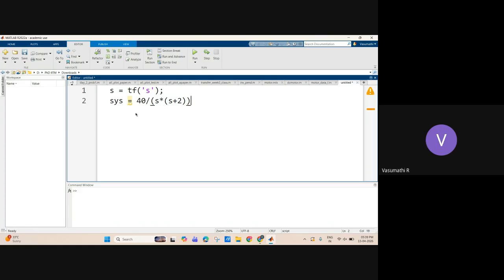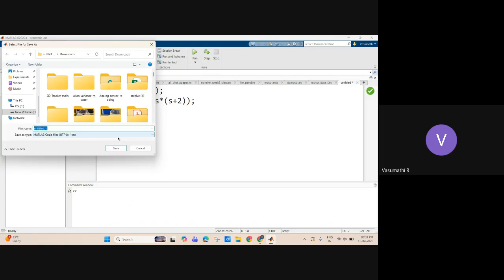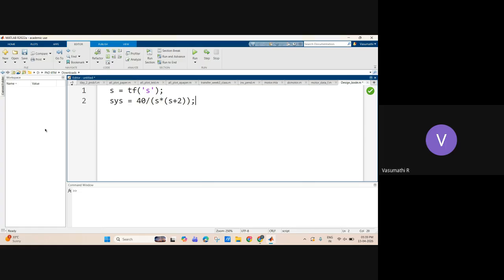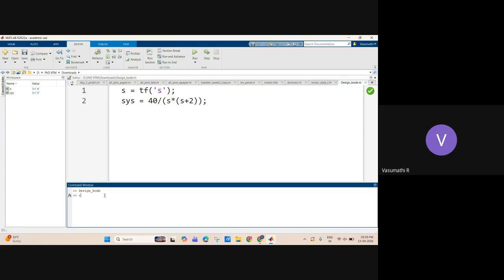So this is my system. If I print my system, it will show 40 divided by s squared plus 2s.